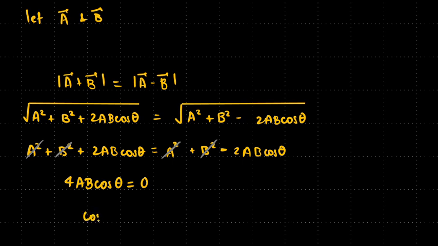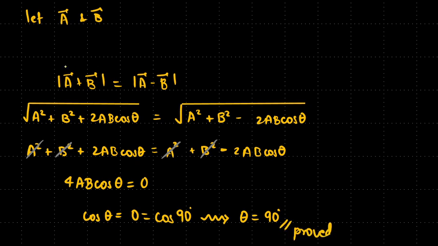So if it's not 0, then we have cos theta equal to 0, so it's cos 90 degrees, which means the angle theta is going to be 90 degrees. So we proved it, right? The question was, if the magnitudes of the sum and difference are equal, then prove that the angle between them is going to be 90 degrees.